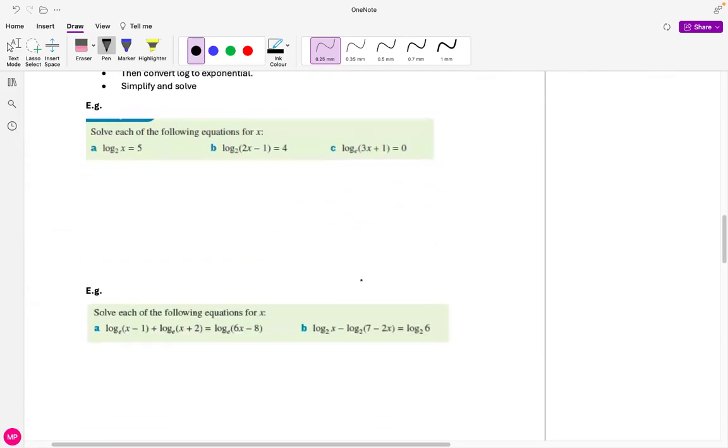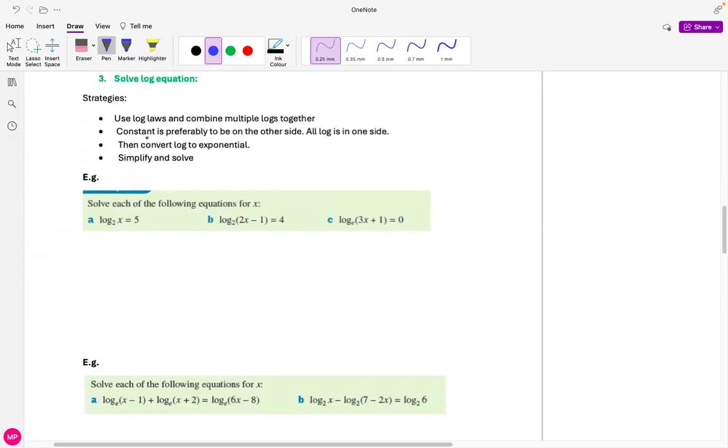Now, how to solve a log equation? Here I have log 2 of x equals 5. So the general strategy is we're going to convert to exponential.